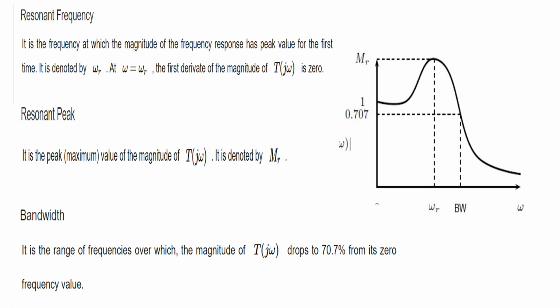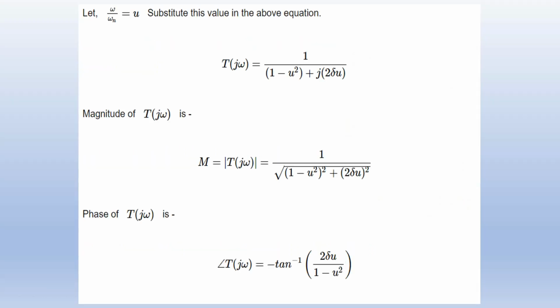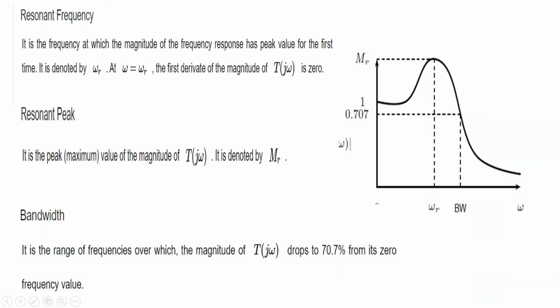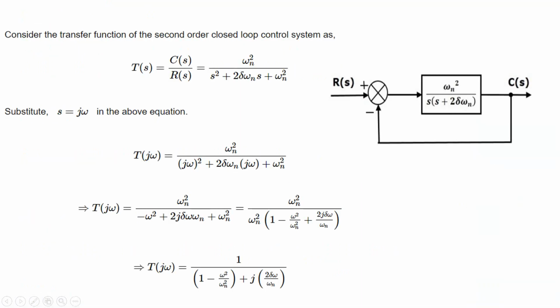Let us derive these characteristics based on the equations we have derived for the magnitude and phase. This is a typical second order system with natural frequency omega n and damping constant delta.